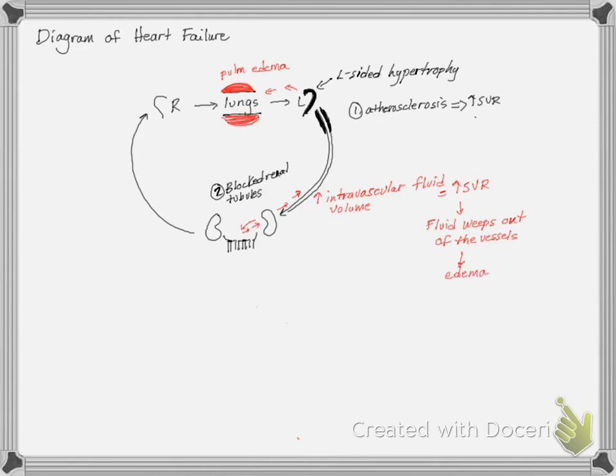So basically, let's go back to black. What happens is all of this causes the left side of the heart to hypertrophy from working so hard.